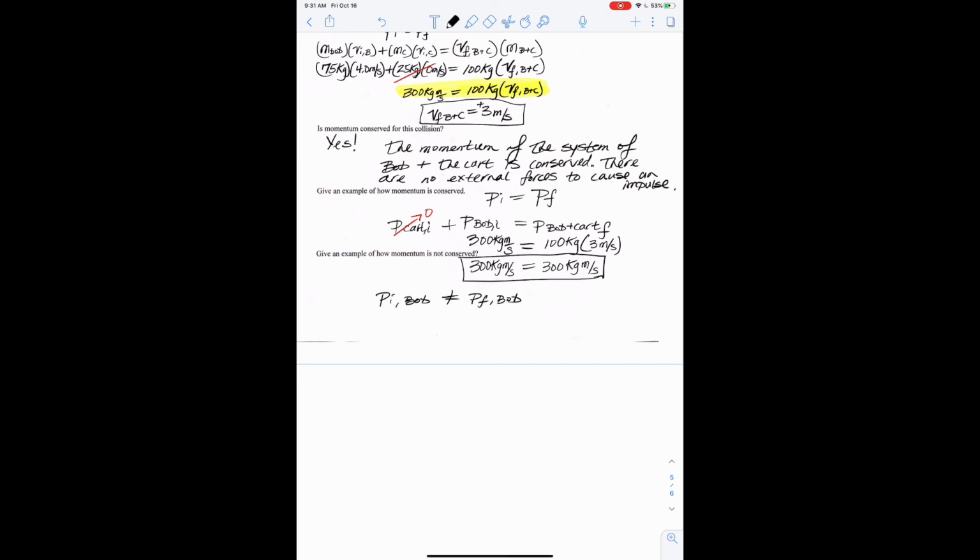The PI of Bob we just said is 300. What's the PF of just Bob? Well, it'd be Bob's mass of 75 times Bob's final velocity, which is 3 meters per second. And this would be, what is that, 225? Yeah.